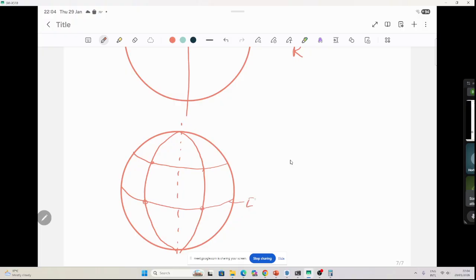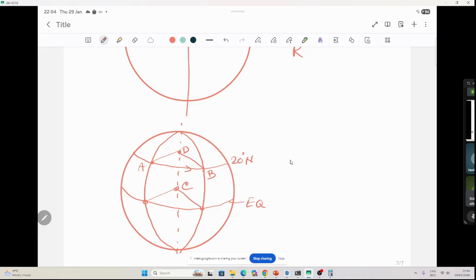Okay, this is equator. This is, let's say, 20 degrees north. Okay, and this is the Earth center. This is D. This is A I was talking about. This is B. Okay, A to B you are moving.